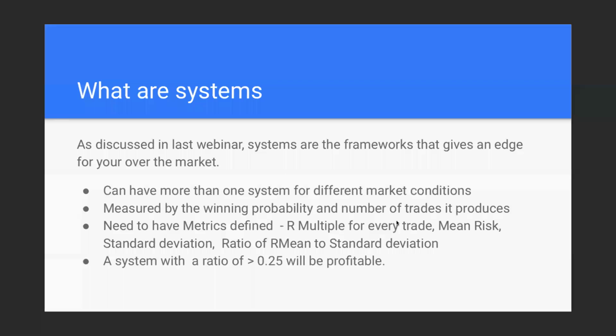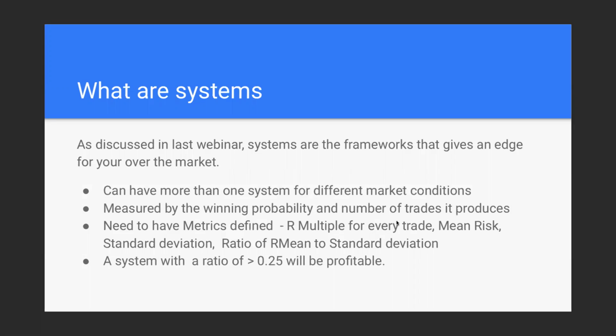So the system, we need to measure it. How is it measured? It's measured by your winning probability and the number of trades it produces. Let's say you have a system that gives you 100% returns, but it only produces one signal per month. That means you can have only 12 trades per year.